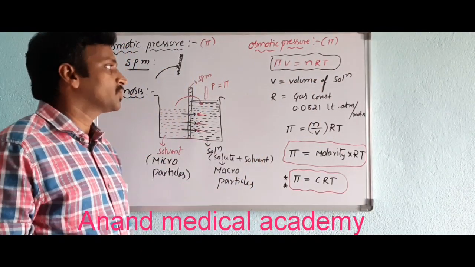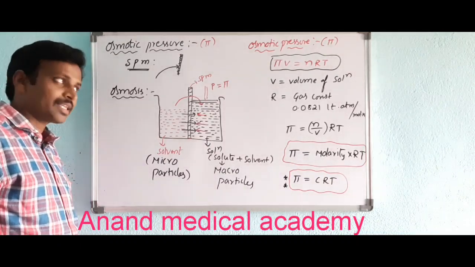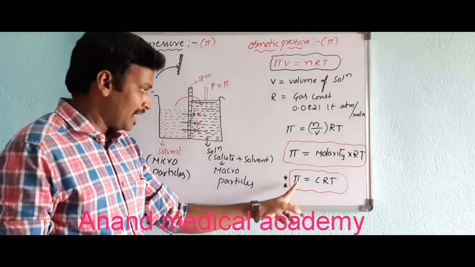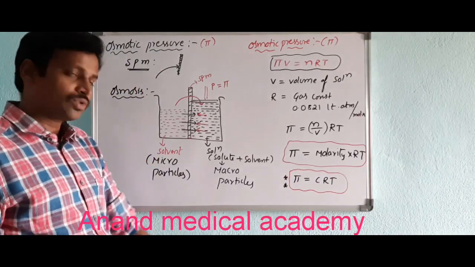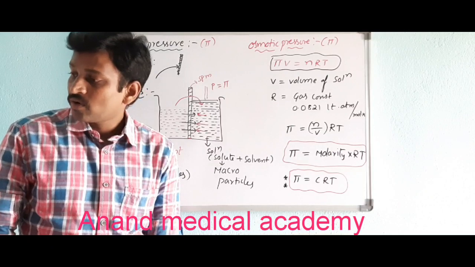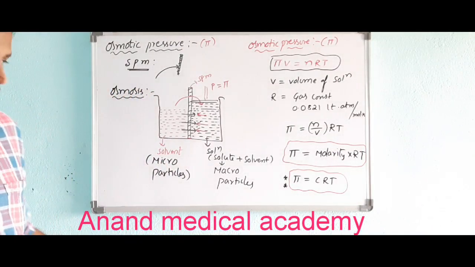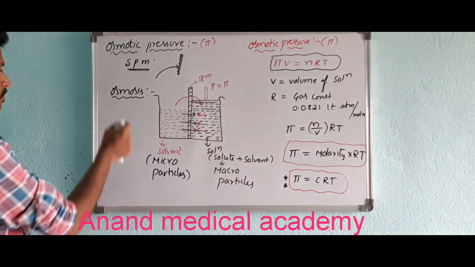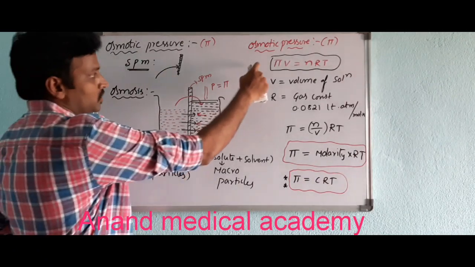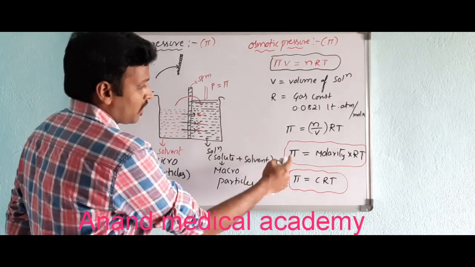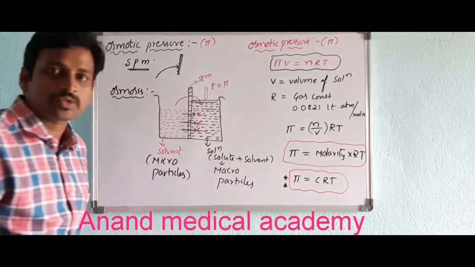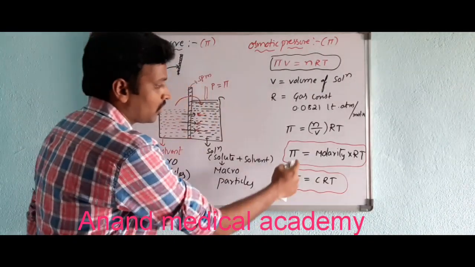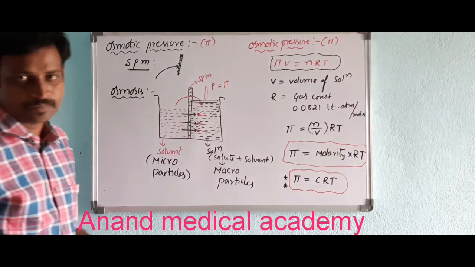So pi V equals nRT is the relation we have to use, and finally pi equals CRT. Finally we have all four colligative properties. Just have a look at this. What is a semi-permeable membrane, osmosis, osmotic pressure, and the relation to calculate osmotic pressure: pi equals CRT or pi equals molarity into RT.